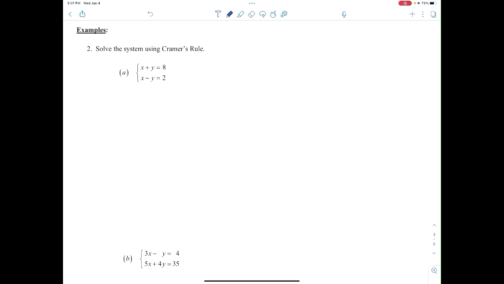Now let's solve using Cramer's rule. Now Cramer's rule uses the determinants, and it allows us to solve for each variable individually. So for x, we're going to use the determinant of our solution column and then the y column.